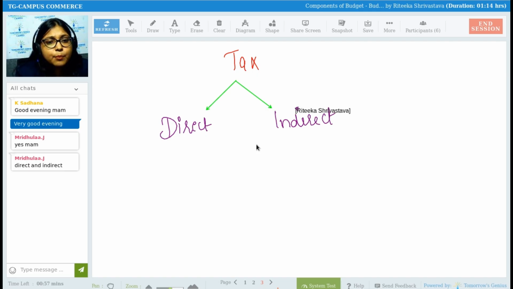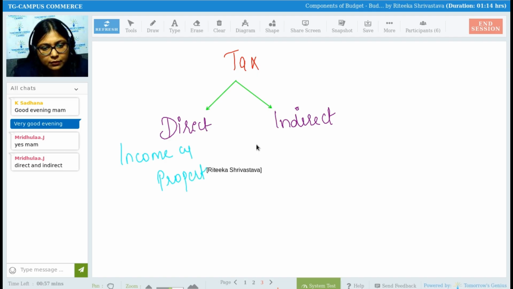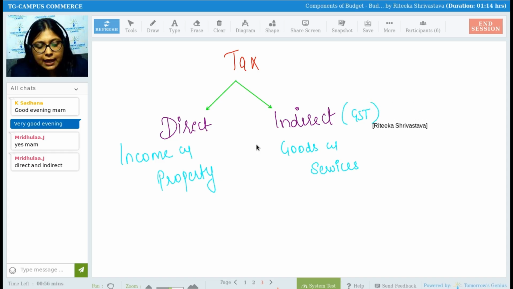Now tell me, direct taxes are imposed on, yes, corporate tax is part of direct tax. So direct taxes are imposed on income and property. Indirect tax is imposed on goods and services. So that is why we also call it GST, goods and services tax.